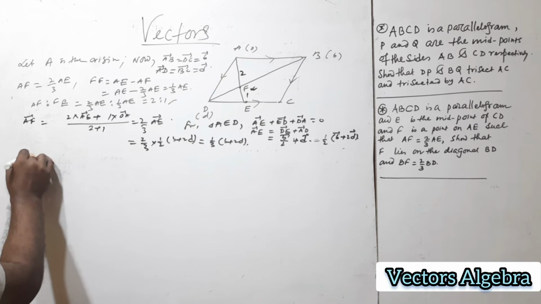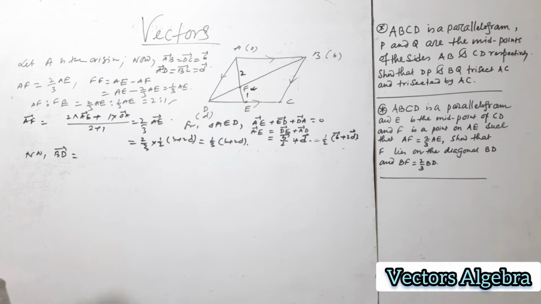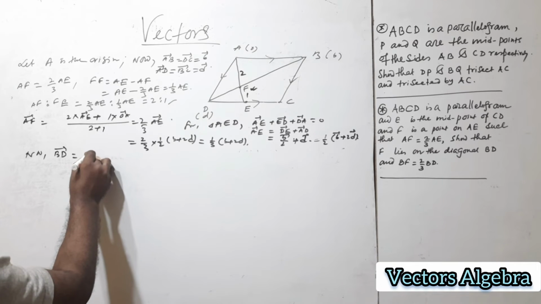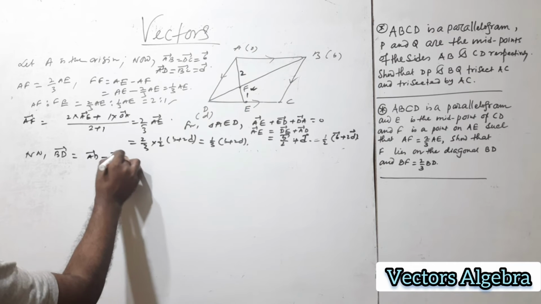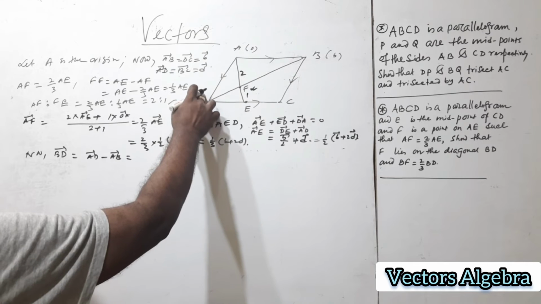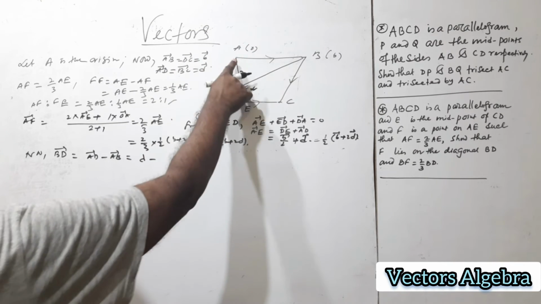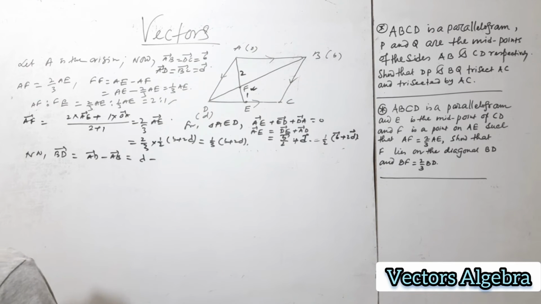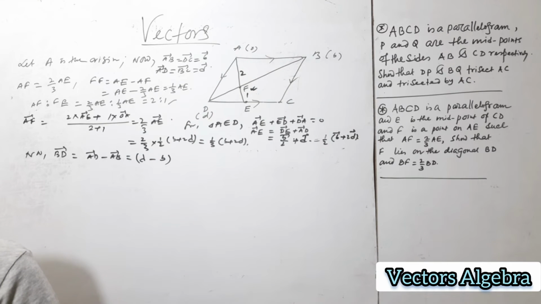Now BD is equal to AD minus AB. AD vector is d here, and this is AB. This is b. Okay. Now need to find here.